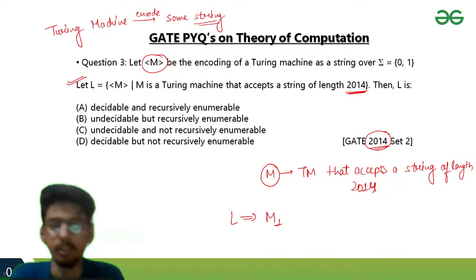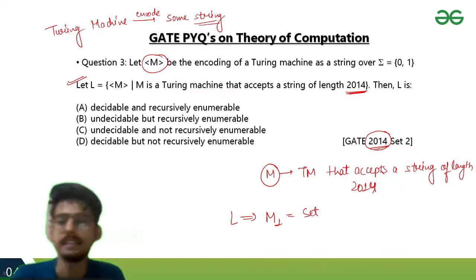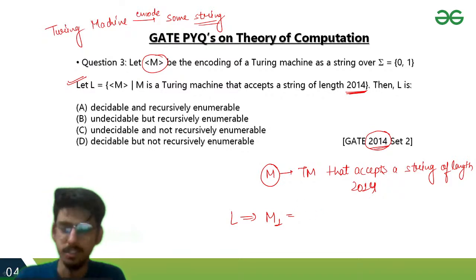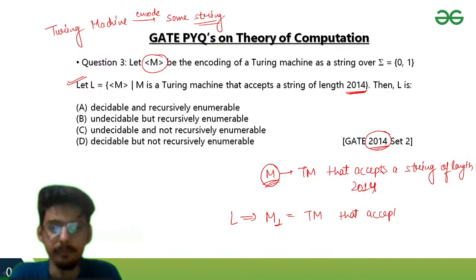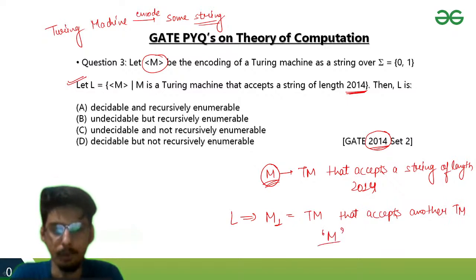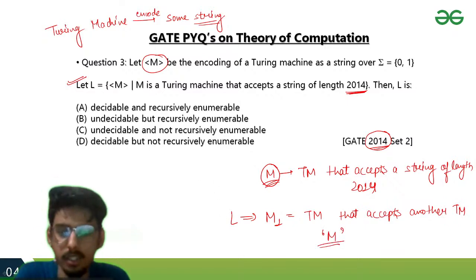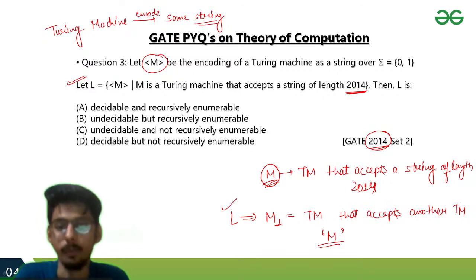So M1 is a Turing machine which accepts another Turing machine M, and I want to check whether this language is decidable or undecidable, or whether it is recursive or recursively enumerable.